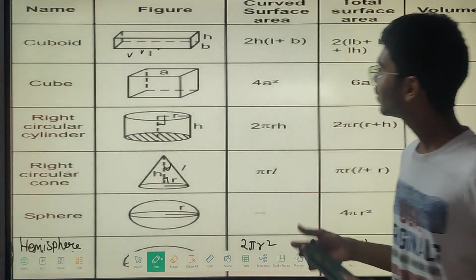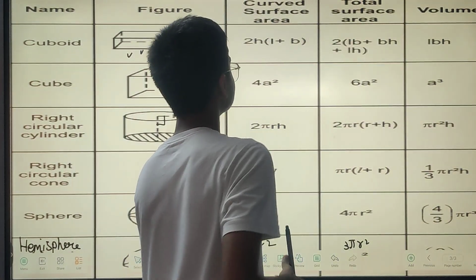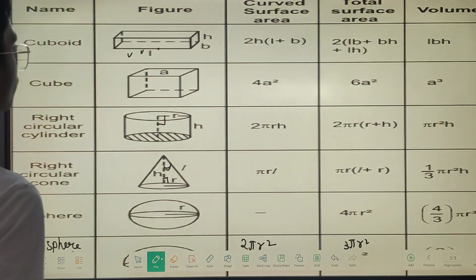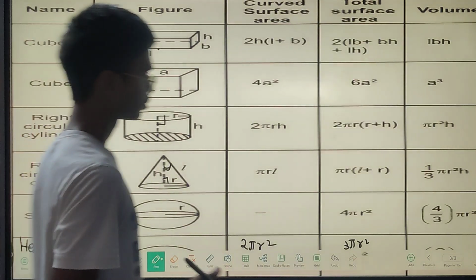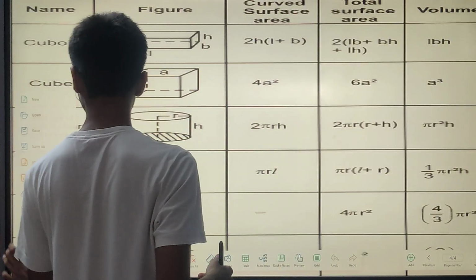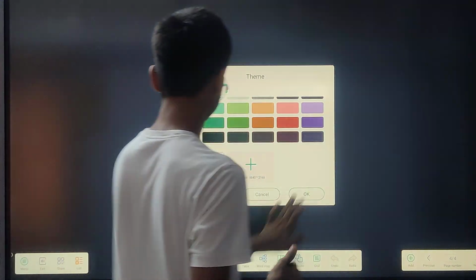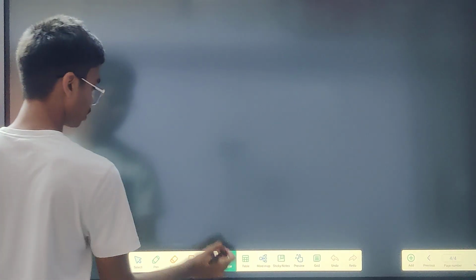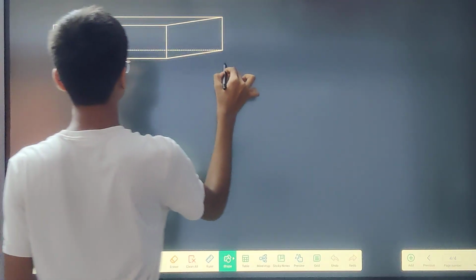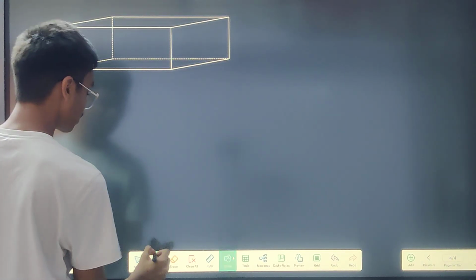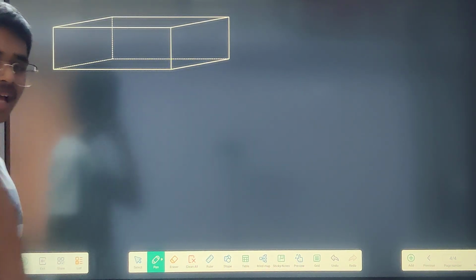Well, the derivation of all these formulas is very simple. You will have to understand, that's it. What do you have to understand from your curved surface area? See here, it is clearer than that image.